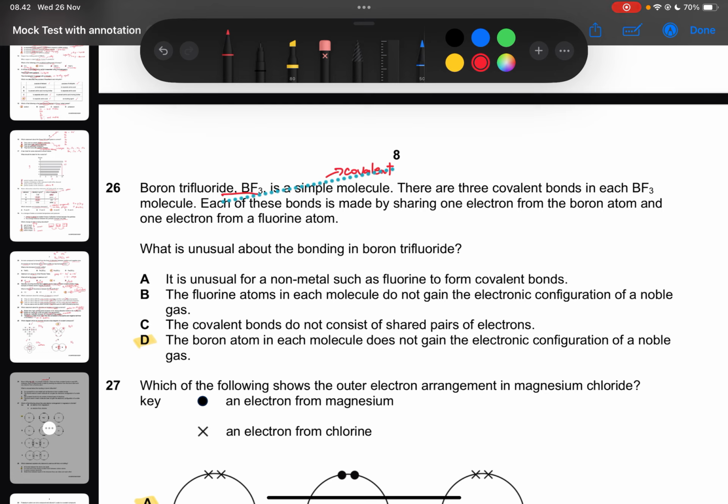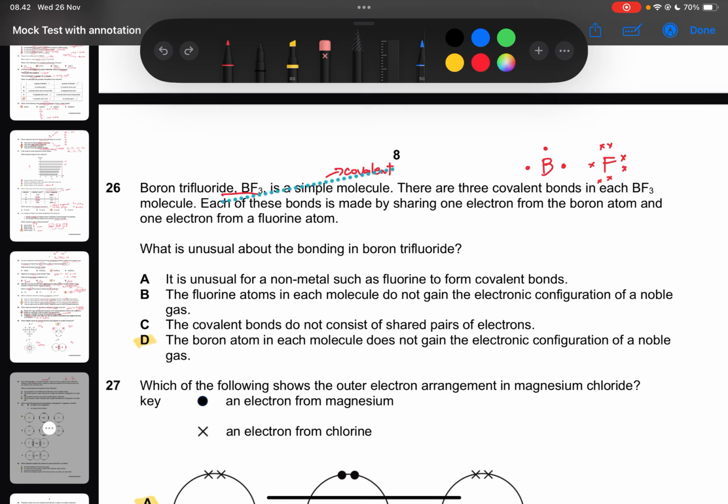First, boron is in group 3. So it means boron will have 3 valence electrons, while fluorine is in group 7, so it will have 7 valence electrons. So we have 3 fluorine.